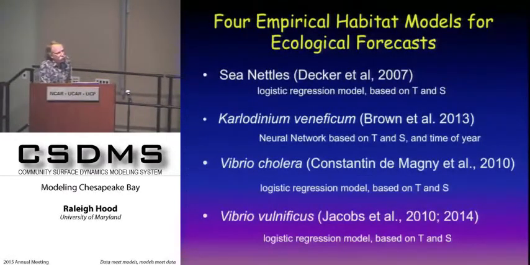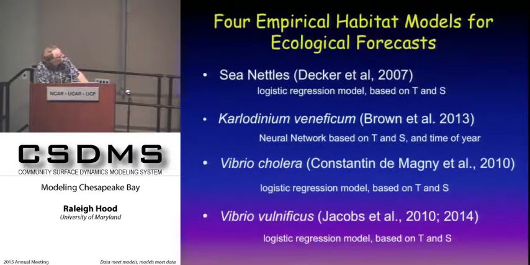But the point of this talk I want to emphasize is the ecological forecasting. That is predicting species. And what we've done is we've developed a suite of empirical models, data-driven empirical models, for predicting things like sea nettles, these stinging jellyfish, and that's an empirical logistic regression model based on model-predicted temperature and salinity. We can also do some HAB species, for example, Karlodinium veneficum.